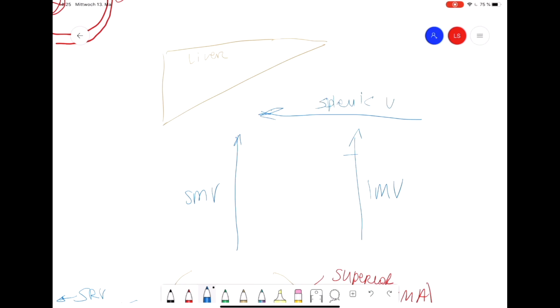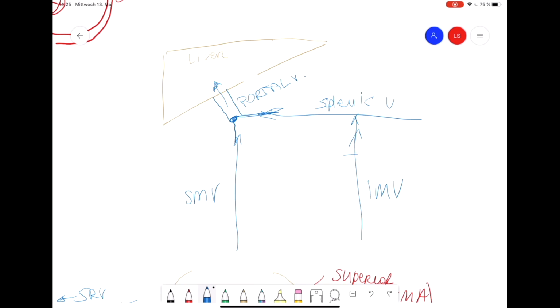So the inferior mesenteric vein drains into the splenic vein, and then at the point where the superior mesenteric vein and the splenic vein meet at 90 degrees, they form the so-called portal vein. The portal vein basically drains all this blood coming from the gastrointestinal organs, and it takes it to the liver.